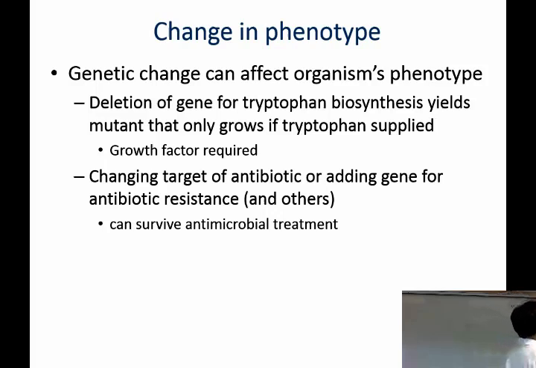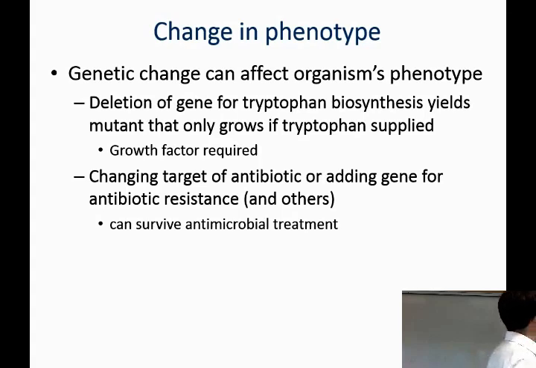Another kind of mutation is if, let's suppose you're a bacterium and some fungus nearby doesn't like you very much and makes an antibiotic to kill you. And that antibiotic, let's suppose it's penicillin, targets an enzyme that makes cross-links in peptidoglycan and you're gram-positive. And so you're sensitive to it.